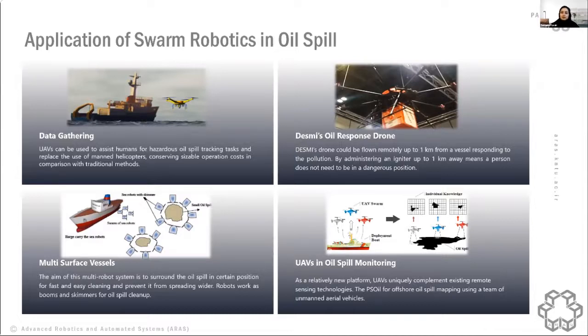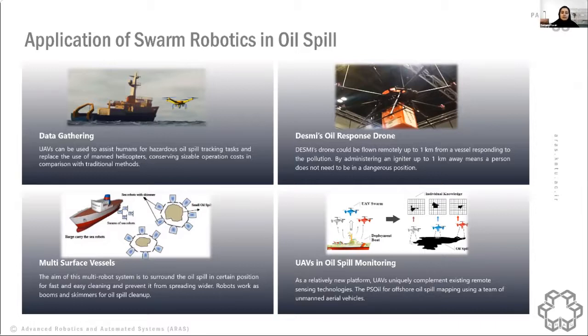And drones have the potential to deliver information quickly and economically for areas of difficult access. You can see some examples of the use of USVs and UAVs for this purpose in this slide.